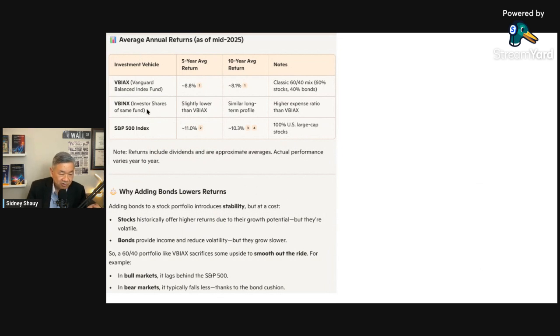Let's take a look in practice. These two funds here are 60-40 funds. They're a mix of 60% stocks and 40% bonds. So what are their returns? About 8.8 and 8.1. If you compare with the S&P 500 index, they're smaller, which is expected because you have 40% bonds in it.